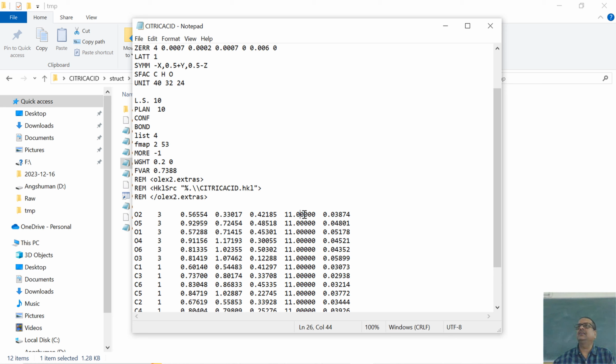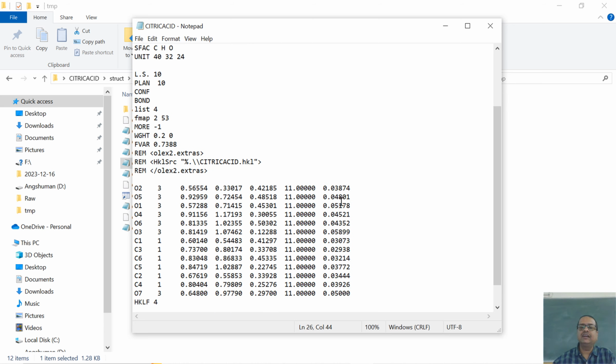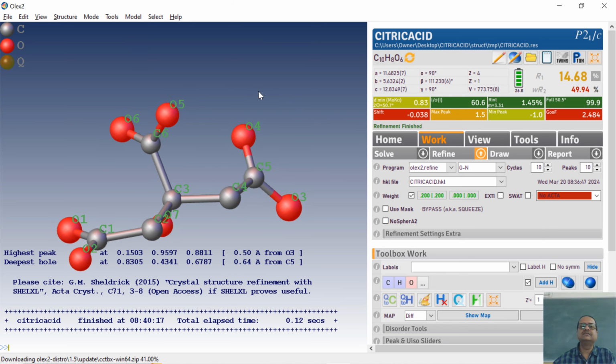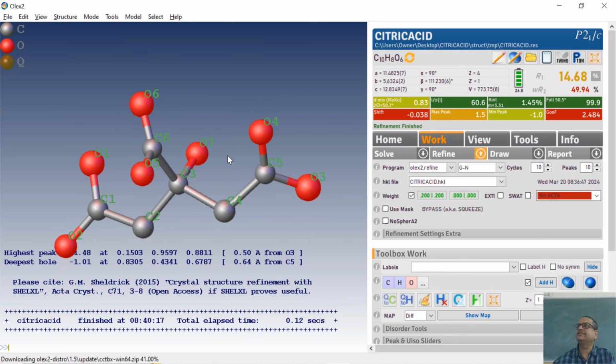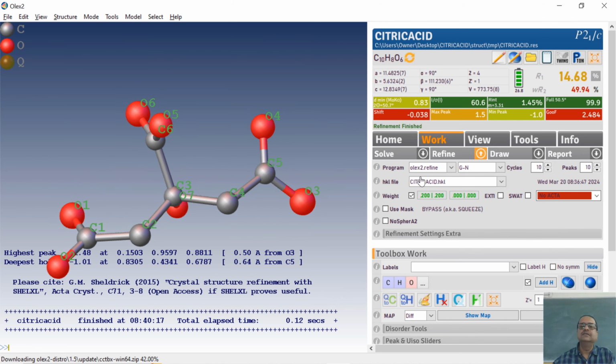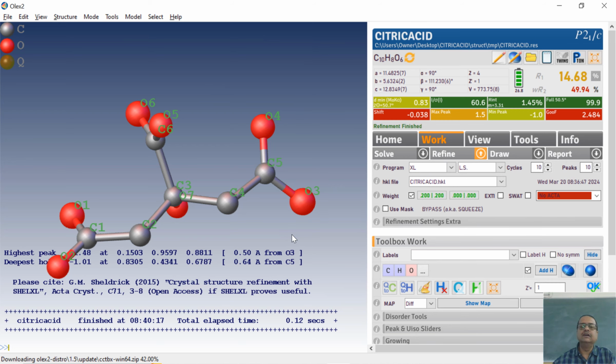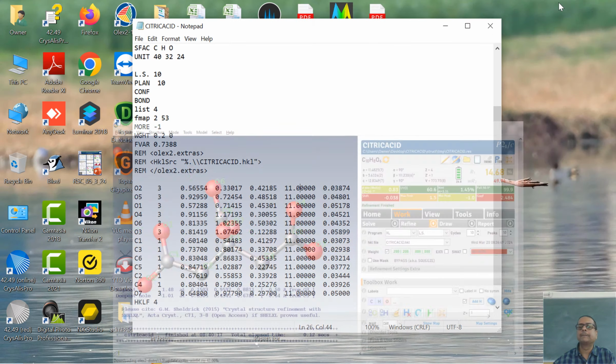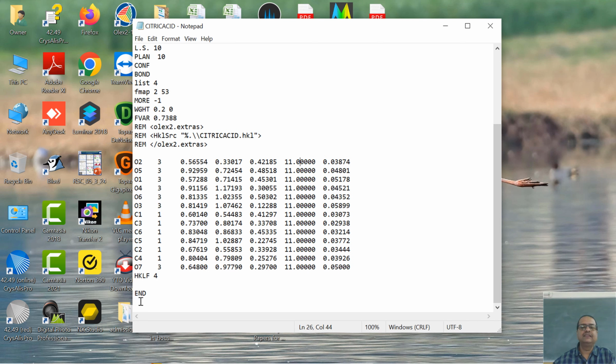If it was fractionally occupied, then it would say what fraction it is. And these numbers are the corresponding isotropic thermal parameters. If you look at the molecule, all these atoms are looking like a sphere, hard ball. So it talks about just the isotropic parameter, and then HKLF 4 and END.